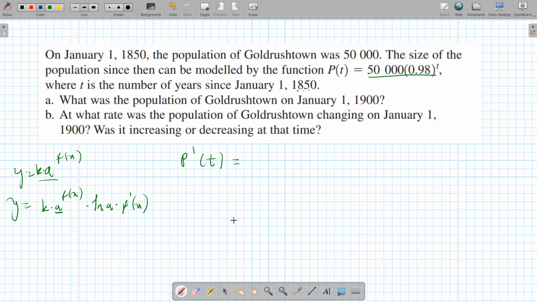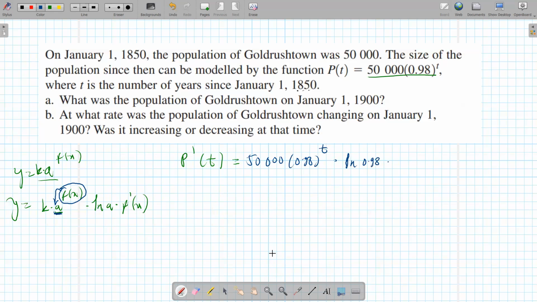First, you write itself. You literally copy paste it. I love copy pasting. Then what? Times ln of 50,000? No, the base. Who does the f of x belong to? Is 50,000 being raised to the power of t? No, 0.98. Yeah, ln of 0.98.